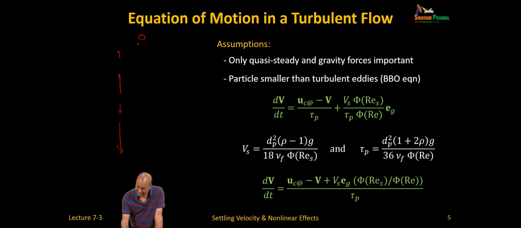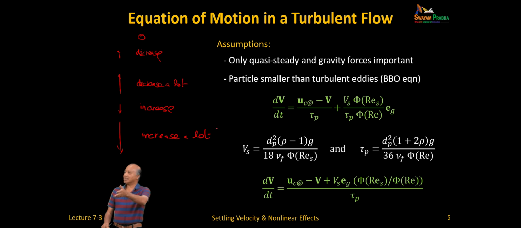Here the settling velocity will decrease, here it will decrease a lot, here it will increase, here it will increase a lot, because as this particle is falling down, it is going through different turbulence. Sometimes it is going through upwelling flow, sometimes downwelling flow. So, it is visiting a lot of different regions.